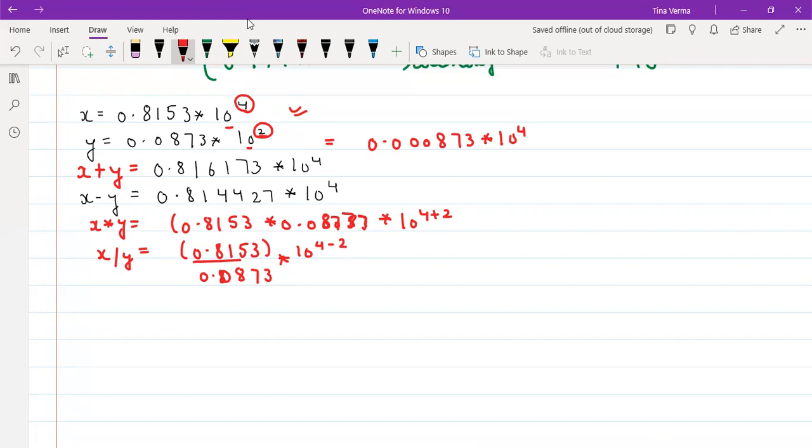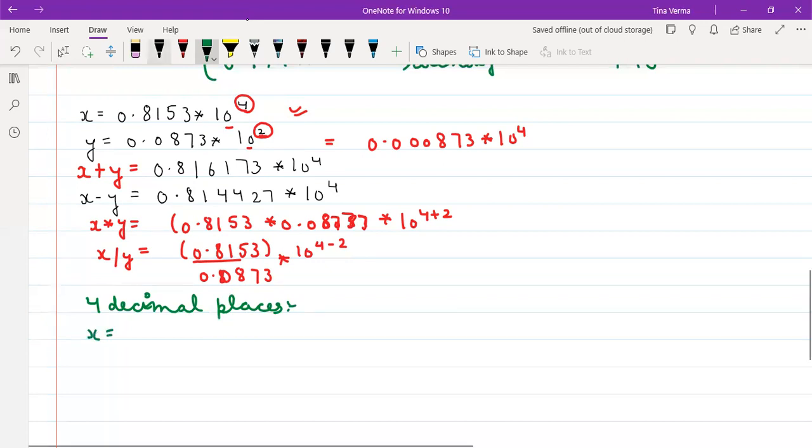And suppose I am taking that the computer can store only up to 4 decimal places. So the computer can store only 4 decimal places. So when you take x, x will remain the same because it has already 4 decimal places.